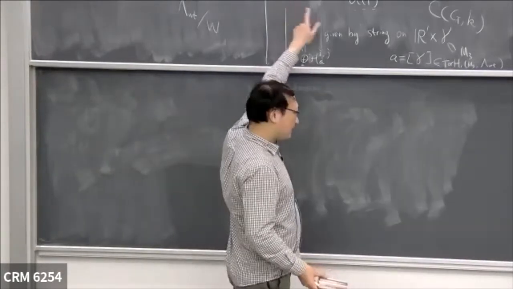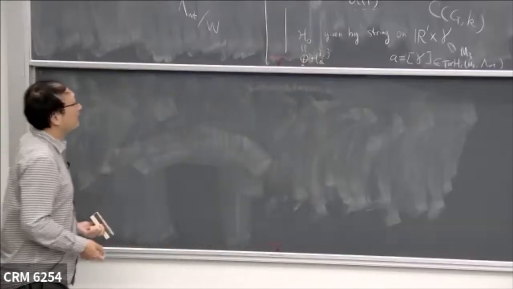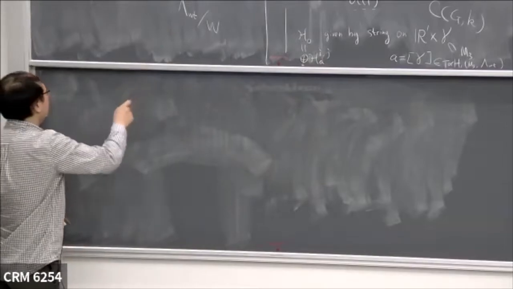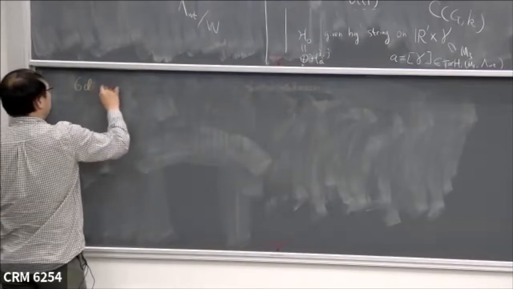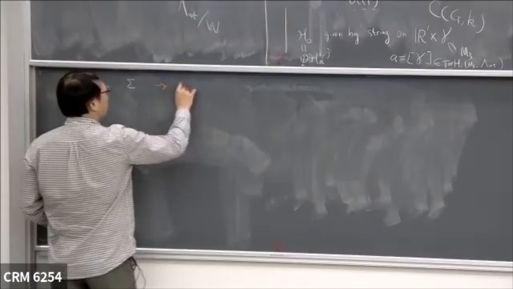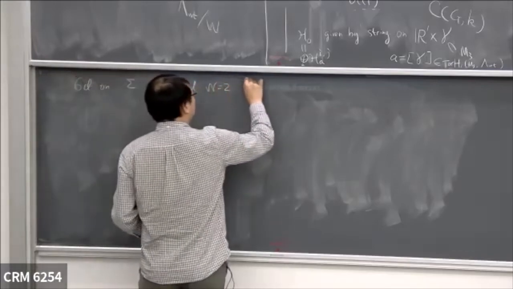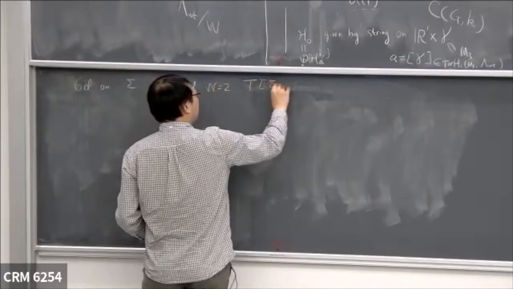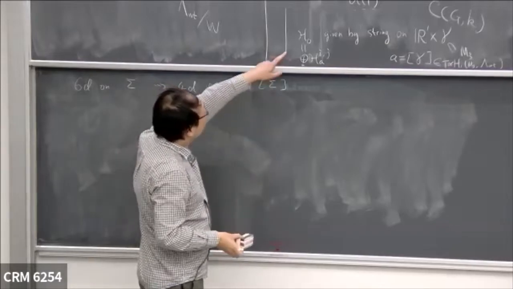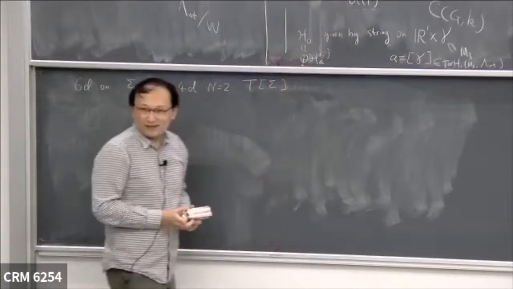So if we take some other sigma, what would we get in general? If we reduce on sigma, so the sigma theory on sigma, then we will have for the N equals 2 theory, which I will just denote by T of sigma, what can we say about this three-dimensional, let's say, QFT?